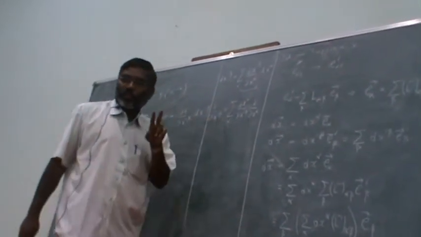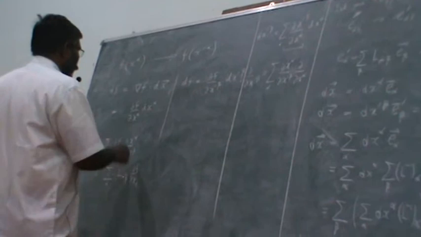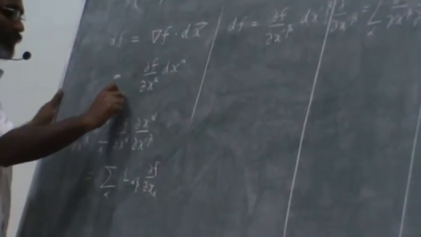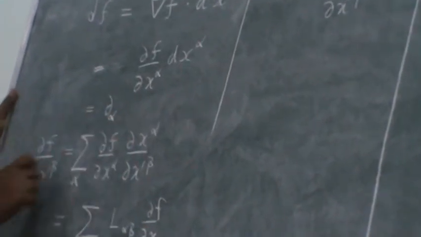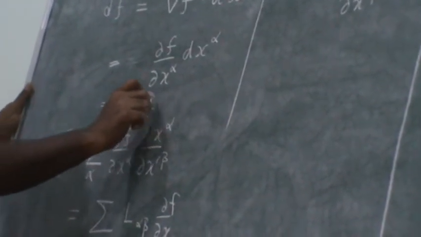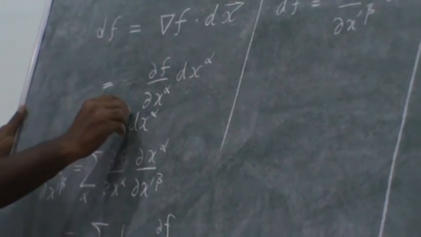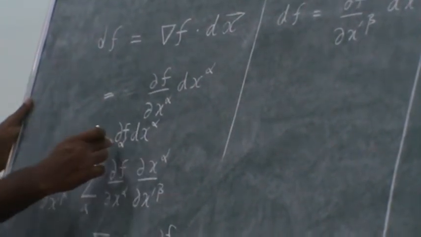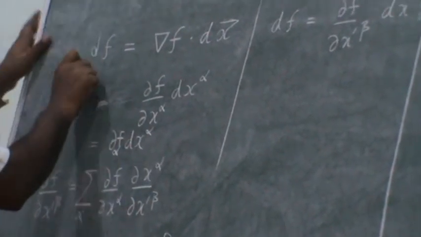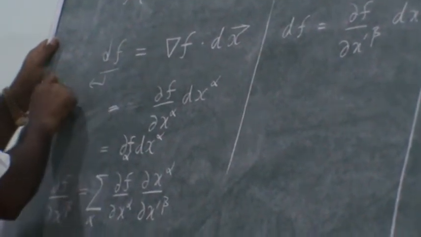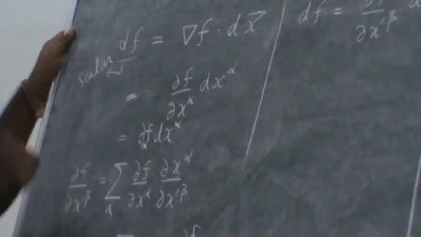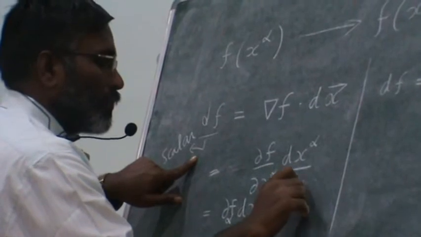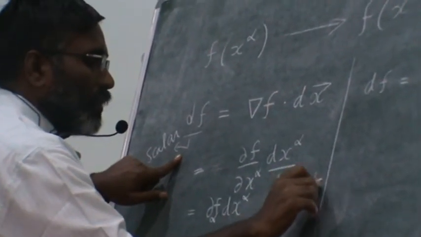You can see two things here immediately. When I write like this, if I have to write a sum, I must write this as dou alpha f into dx alpha. Why? In order to get a scalar here, this is a scalar and this is a vector. This is a vector.